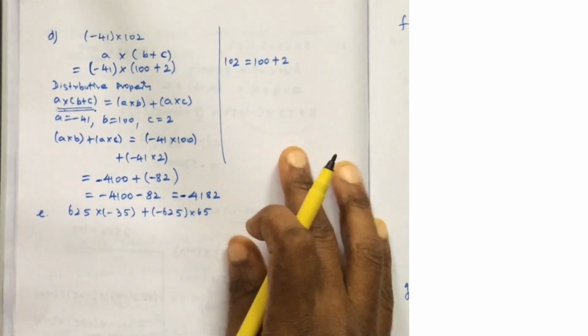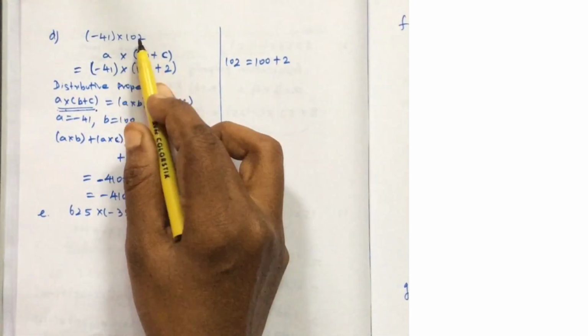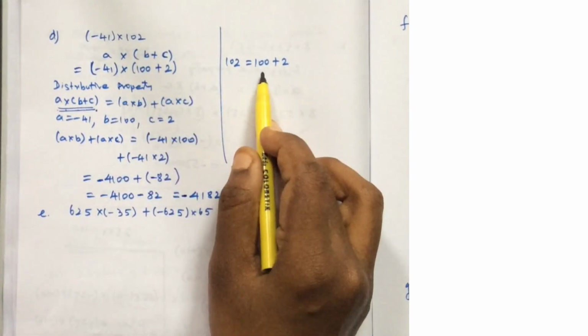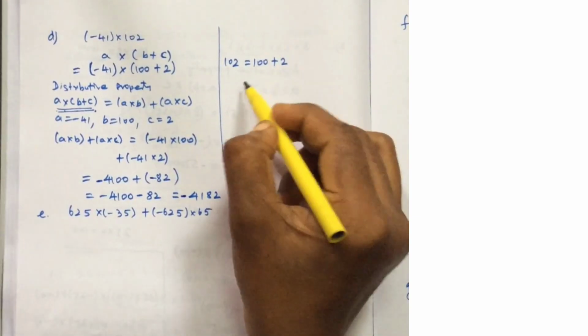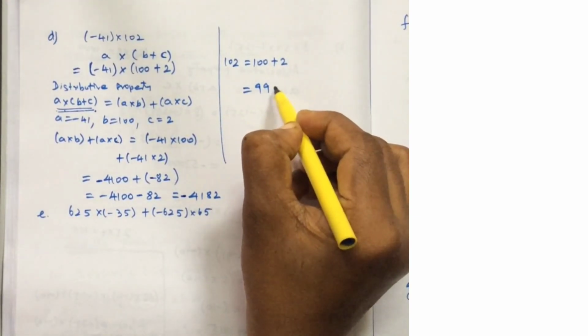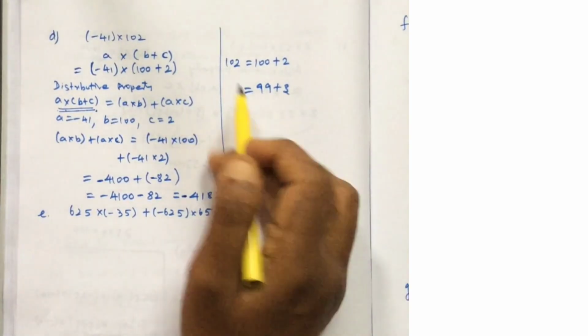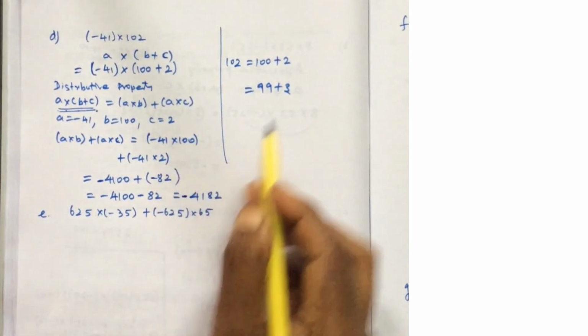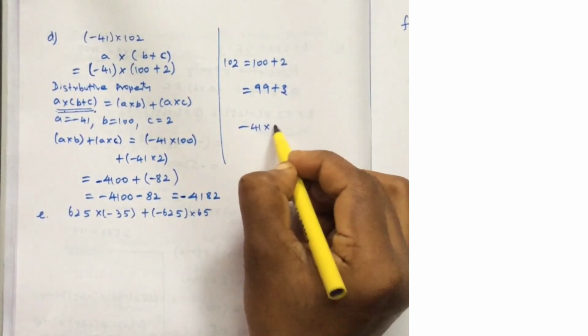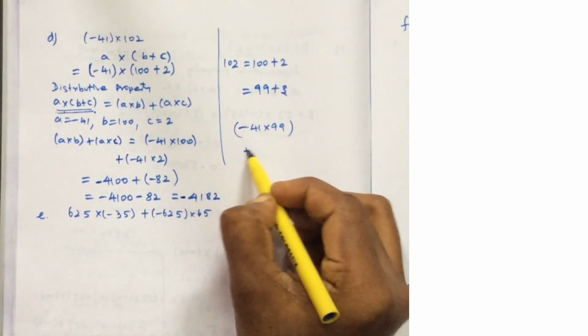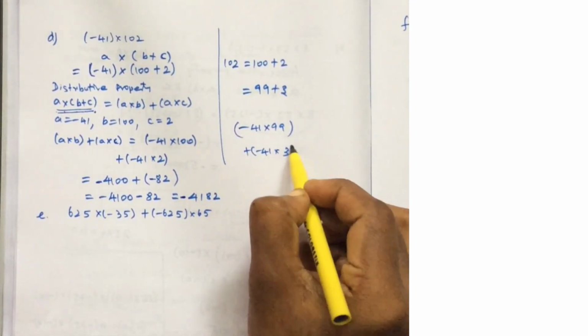Okay, I will repeat it. Here it is 102. 102 you can write as 100 plus 2. Now you can ask a question, why not like this? 99 plus 3. That is also equal to 102. But if you write here, you have to do minus 41 multiplied by 99 plus minus 41 multiplied by 3.